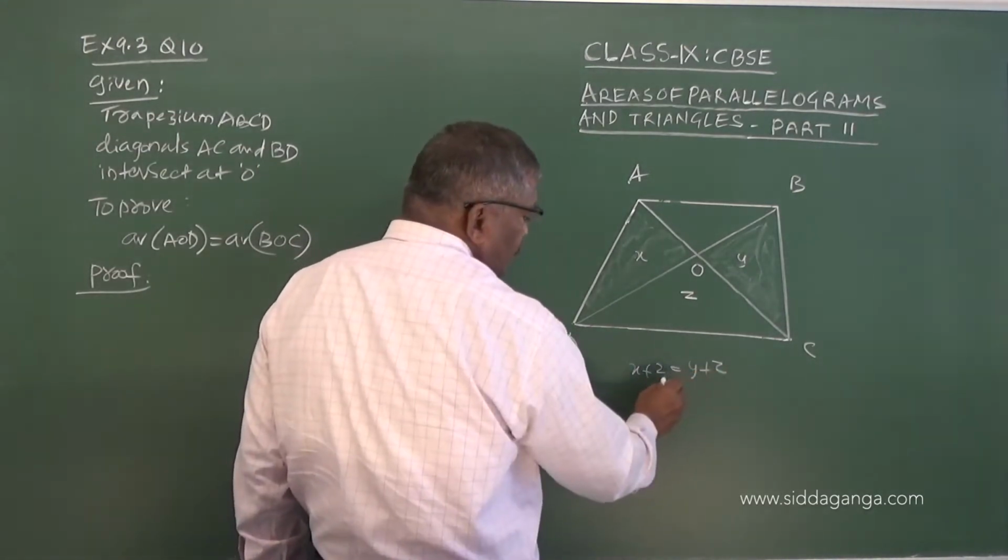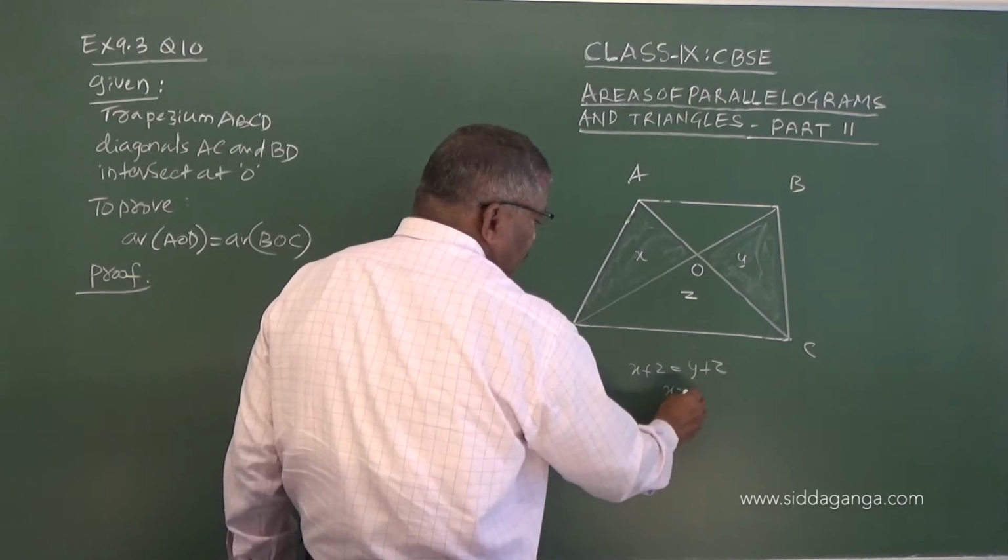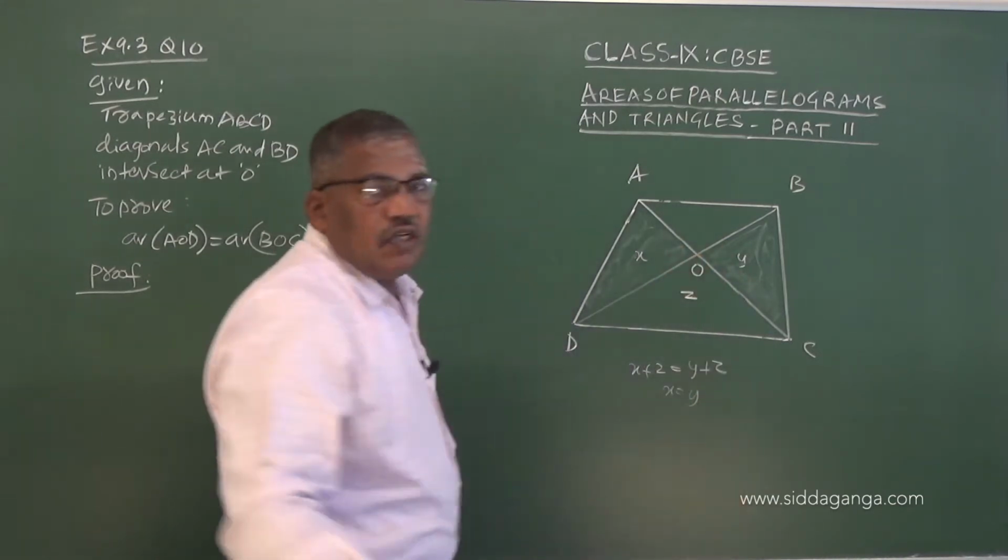So from these two, if you deduct Z both sides, you will get X equals Y. This is all what we have to do.